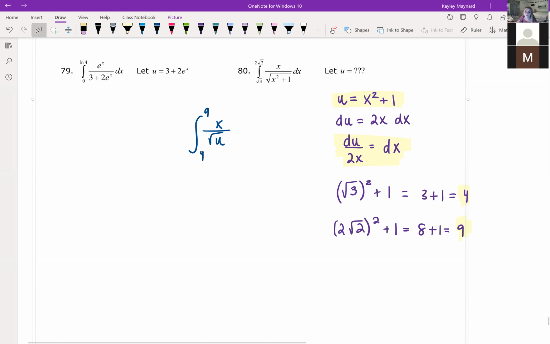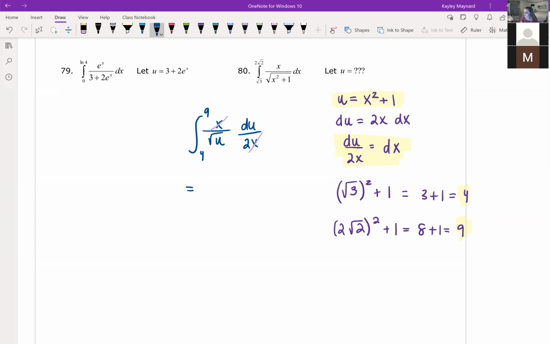And then we have to plug in what we found for dx, where dx is du over 2x. And something nice happens here, like it usually should, is that your x will cancel out. So you should officially now have an integral that's only in terms of u and nothing in terms of x.